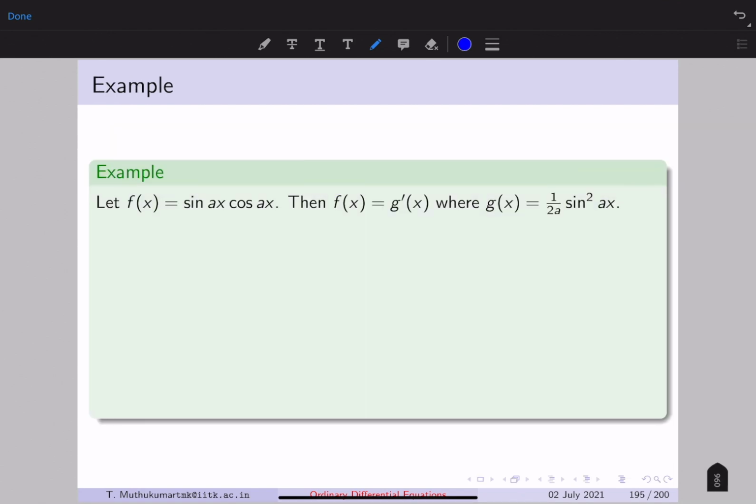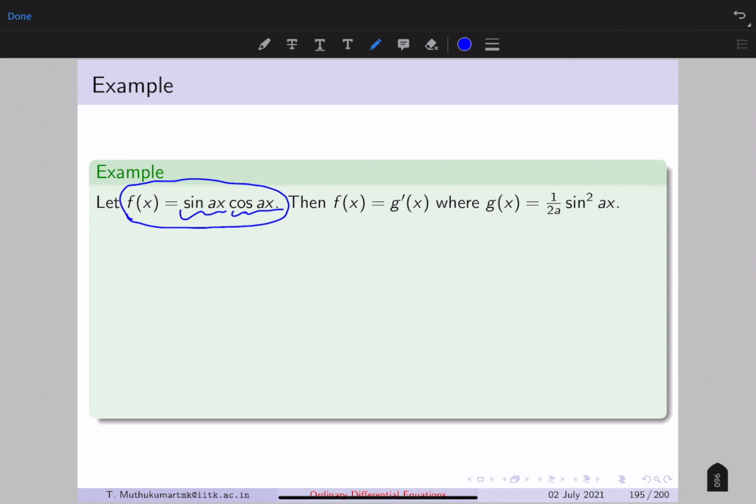As an application, let me give you an example. Suppose this is your f, and you want to compute its Laplace transform. We have already computed the Laplace transform of sine and cosine separately, but we have not said anything about the pointwise product.